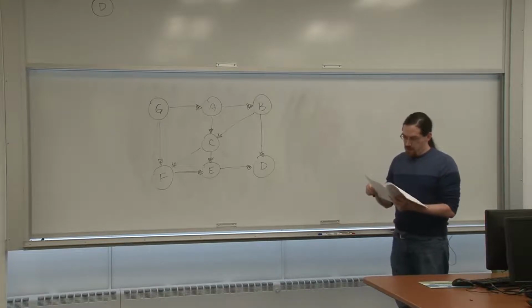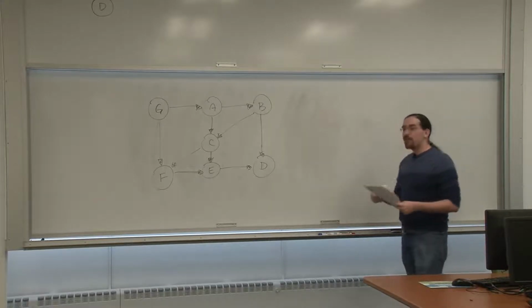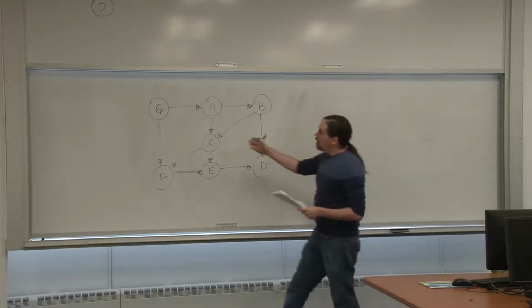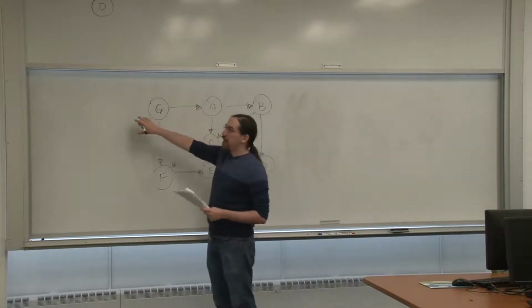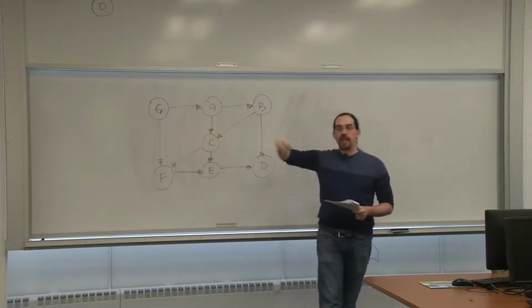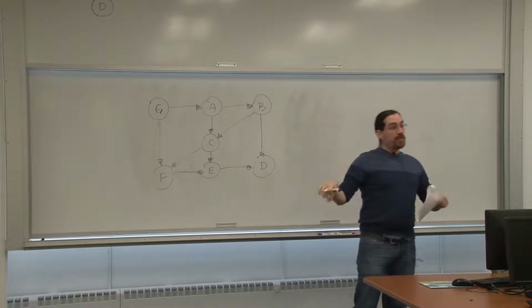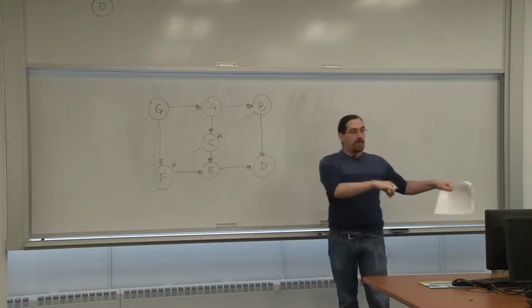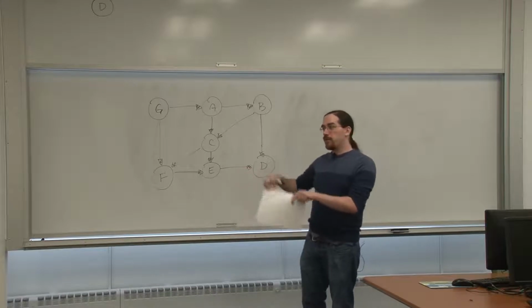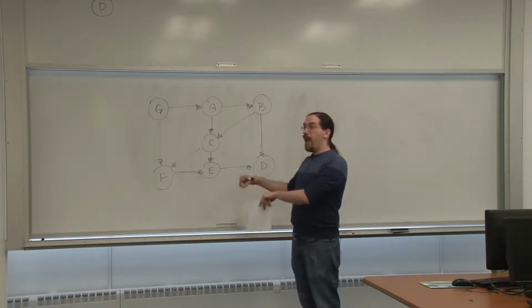OK. So how do we find the topological sort? Well, we can note that every vertex has some number of incoming edges. Those denote vertices that have to be done before it, and some number of outgoing edges, which denote vertices that have to be done after it.